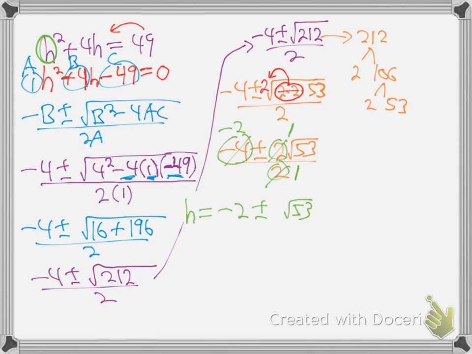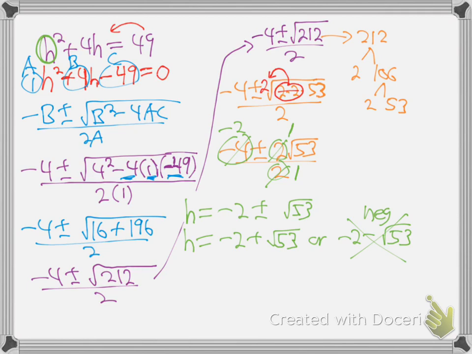That's h equals. Now, those are 2 options, aren't they? h is minus 2 plus root 53, or minus 2 minus root 53. That one, forget it, because that's negative. No way height can be negative in the real world. Remember, whenever you're doing a word problem, you got to keep real.